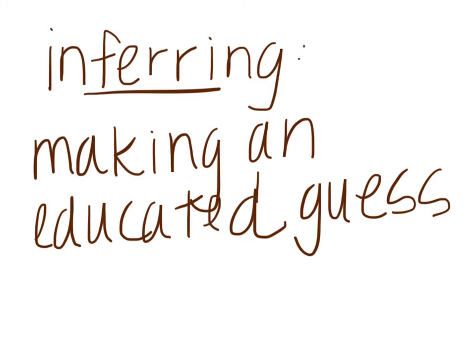So not a random guess, but an educated guess. So based on the information that you have, what is your best thought at the proper answer? So sometimes people think that guess is just throwing anything out there, but an educated guess is what you think the correct answer actually would be.